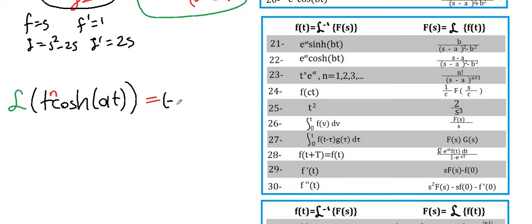It's going to be negative 1 to the nth power, whatever the power here will be, times the nth degree derivative times the Laplace of the f function.